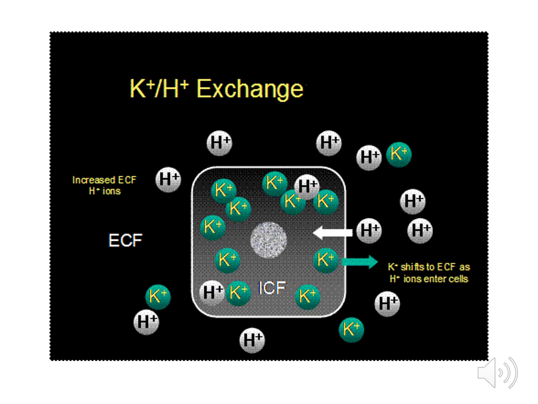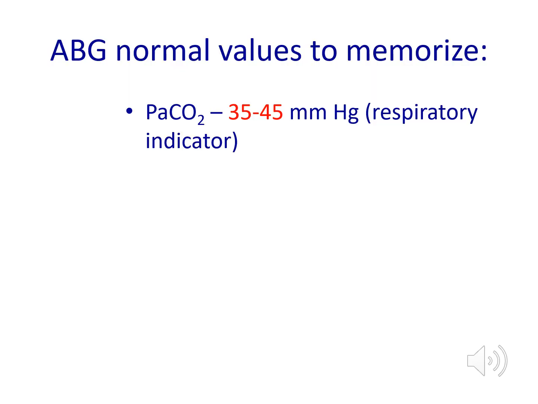Got it? The primary clinical indicator of acid-base balance is the ABG, or the arterial blood gas. Now, the ABG gives you lots of information, but there are only 3 values that we're interested in today. And I'm going to give you some normal ranges to memorize, okay, because I'm going to ask you to interpret some ABGs on the test, and you will need to know these normal values.